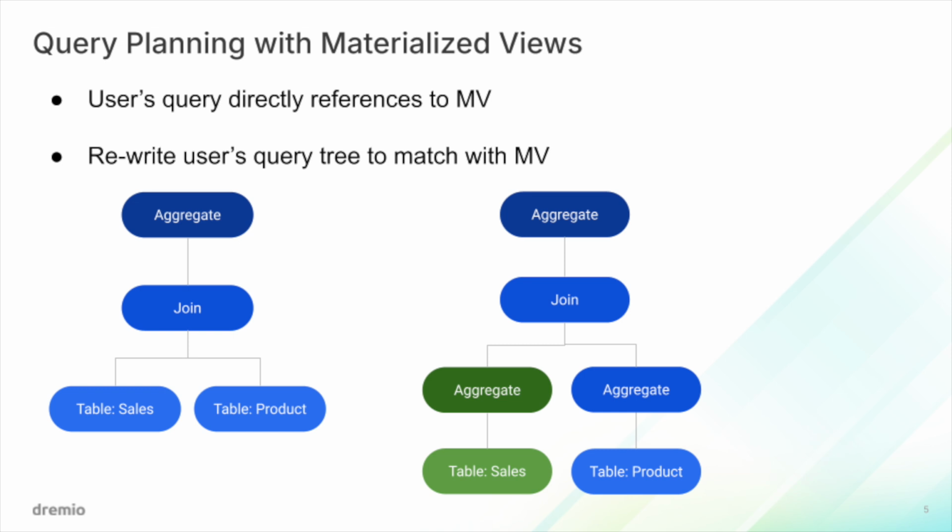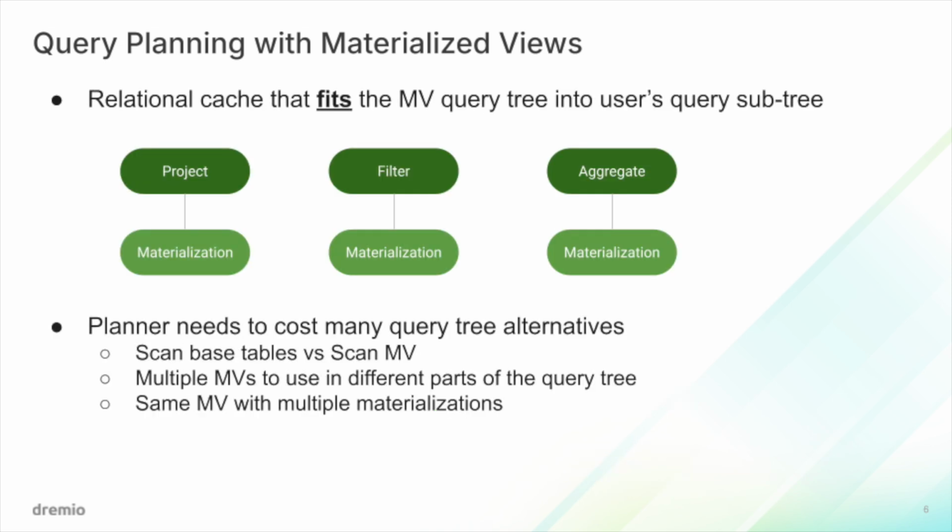Then if you have a materialized view, for example, on top of the sales table that aggregates, grouping by the same columns as your original user query but also the join key, you could potentially put that materialization onto that side of the join. So here, the planner was able to rewrite the query to find a way to match the materialization in. This is just one alternative that the planner can consider as a plan for that particular user query.